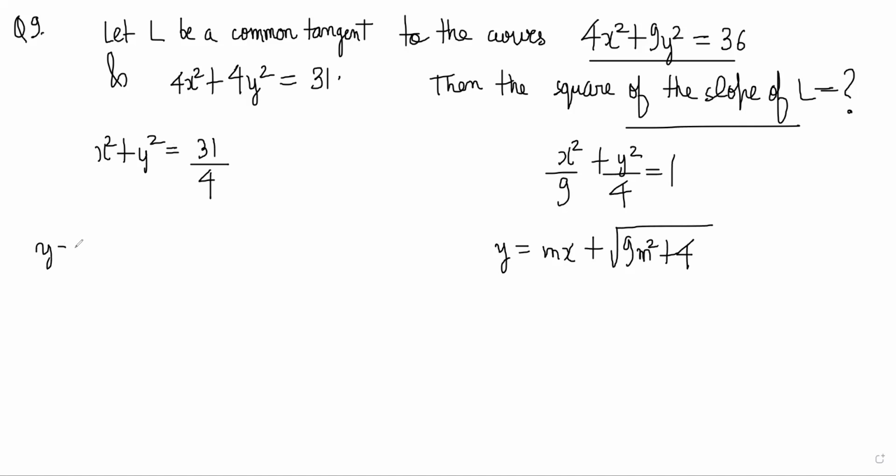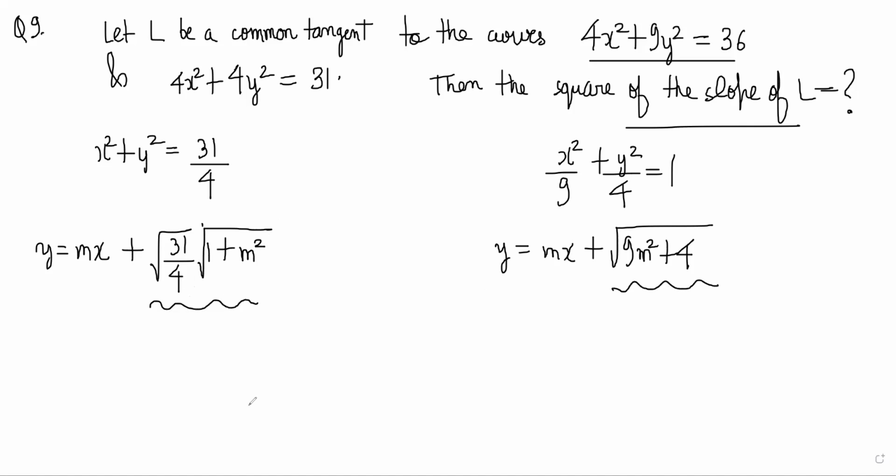Tangent would be y is equal to mx plus root of 31 by 4 into 1 plus m square. So this part should match this part. Then only it can be a tangent. They are the same line.